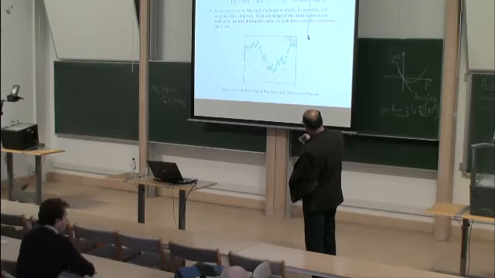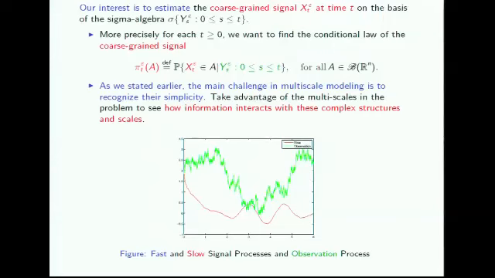So what I would like to ask is, is it possible to find the conditional density just for X, given the information up to time t, in a lower dimensional context? That is the key of this talk.